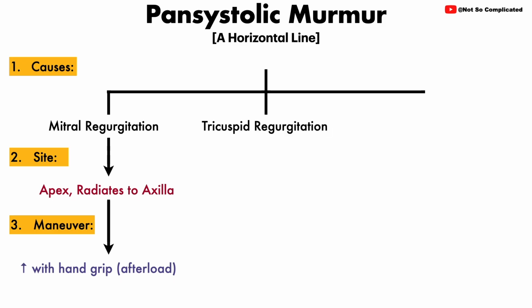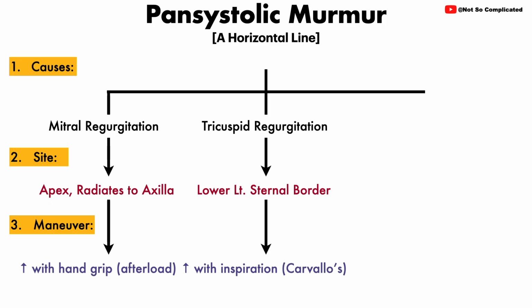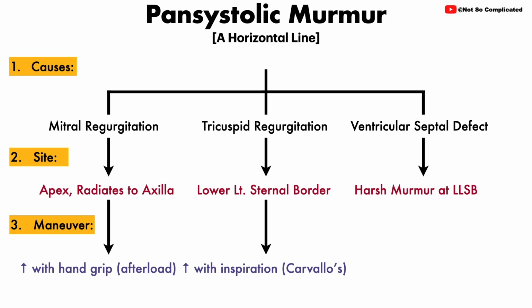The second cause is tricuspid regurgitation, and the site to hear it is the left lower sternal border. The maneuver is to ask the patient to increase the inspiration rate, and that will increase the sound of the murmur. This is also called Carvallo's sign. The third one is ventricular septal defect, and the site to hear is the same, the lower left sternal border, and it sounds harsh.